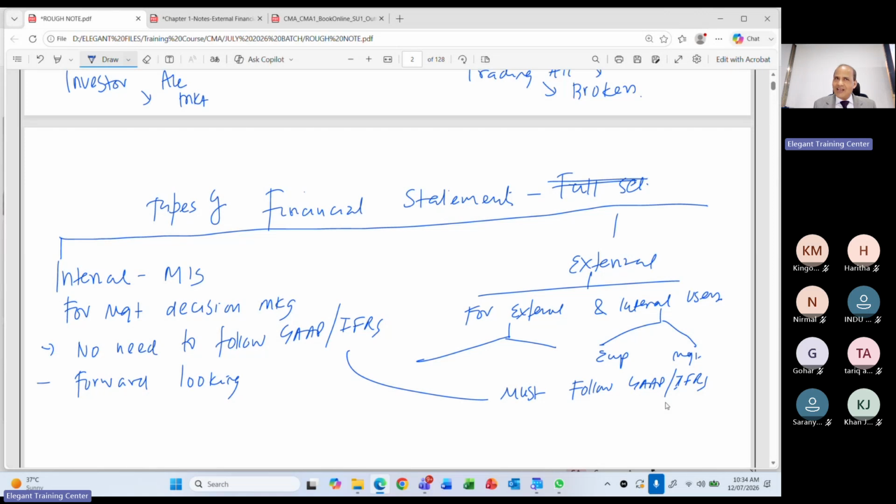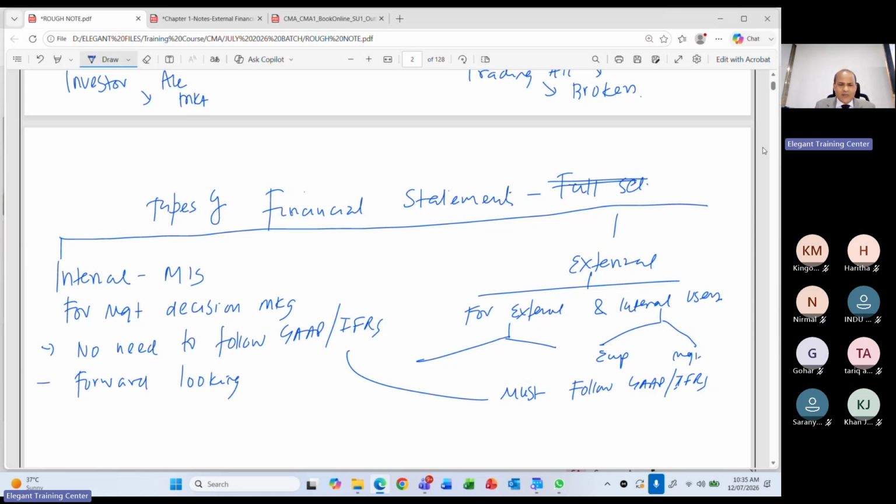No. External financials are going to the public. Understand? External financials are published in the public domain. Clear? So hence, external financials must follow accounting standards, IFRS or GAAP.